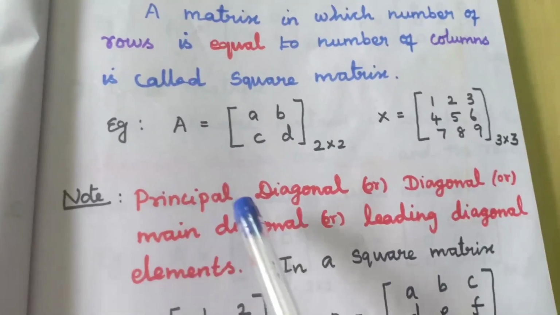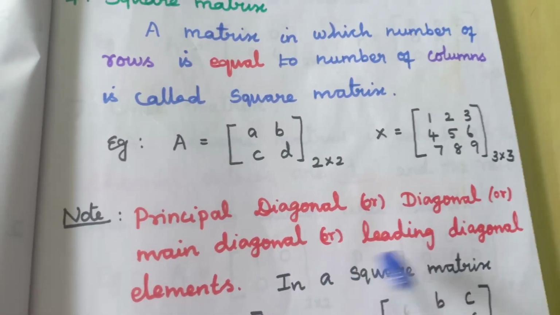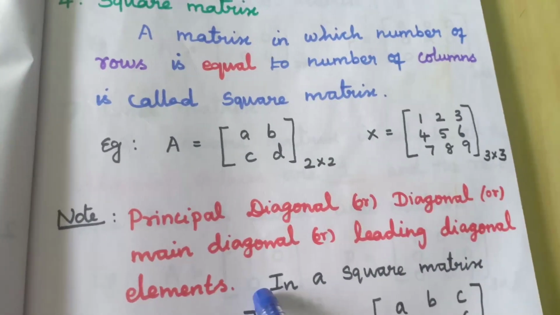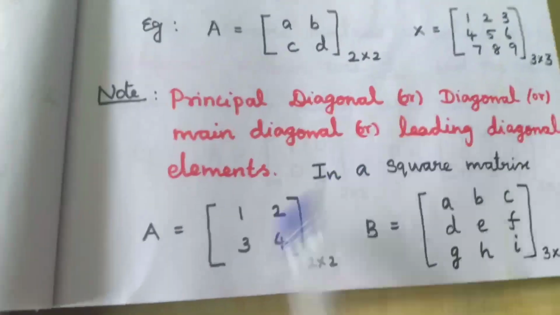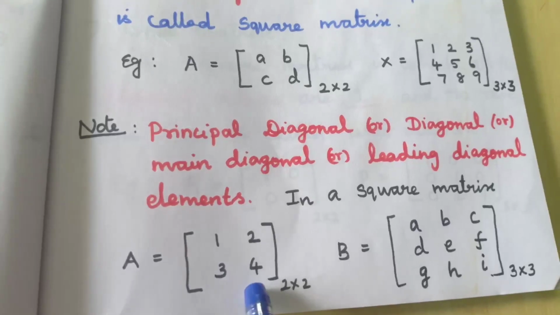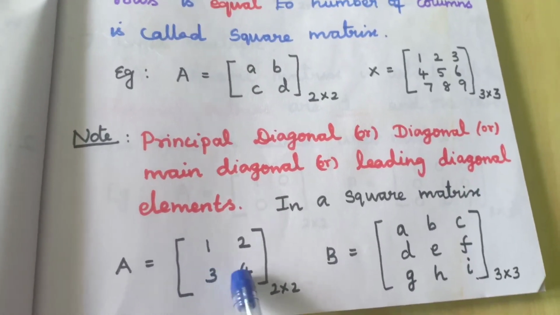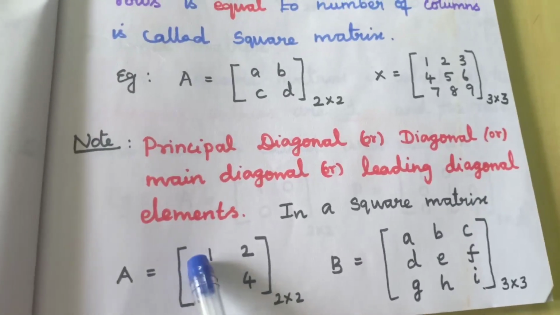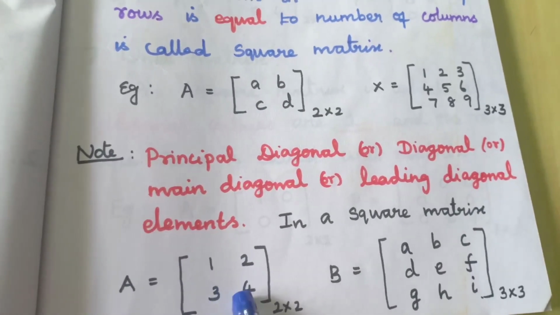Note, principal diagonal or diagonal or main diagonal or leading diagonal elements. What are they? In a square matrix, if you consider A as a square matrix, the entries 1, 4 are called principal diagonal elements or leading diagonal elements or diagonal elements or main diagonal elements.